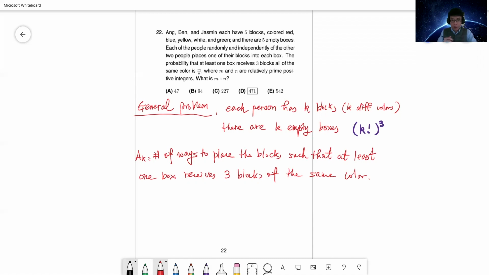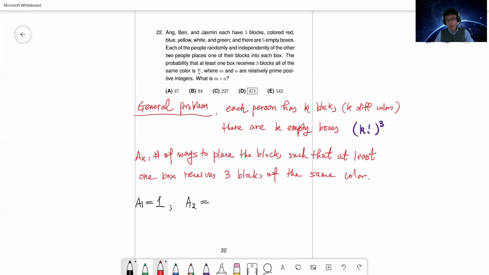It's convenient to start from a small number K. If it's A1, each person just has 1 block. There's only 1 box, so there's just 1 way to place the blocks, and that's valid. The box has all the blocks of the same color. That's easy. Now let's consider A2.